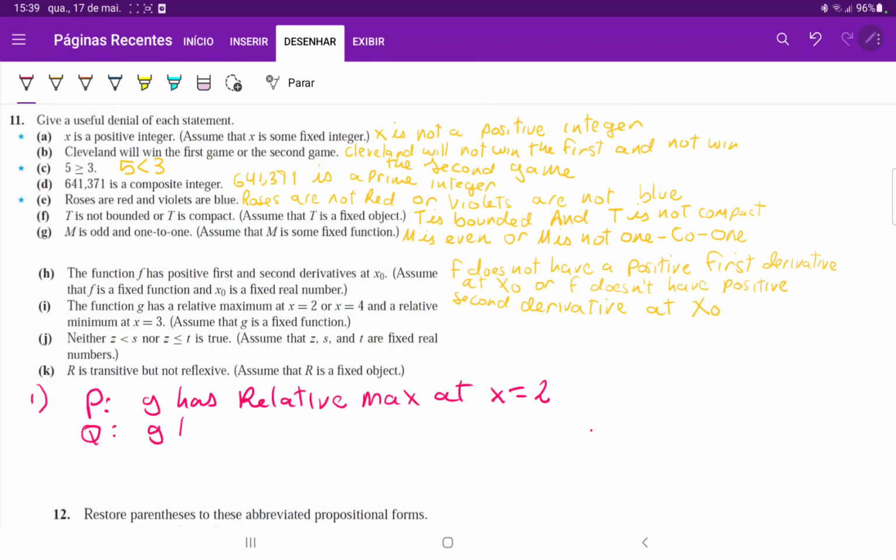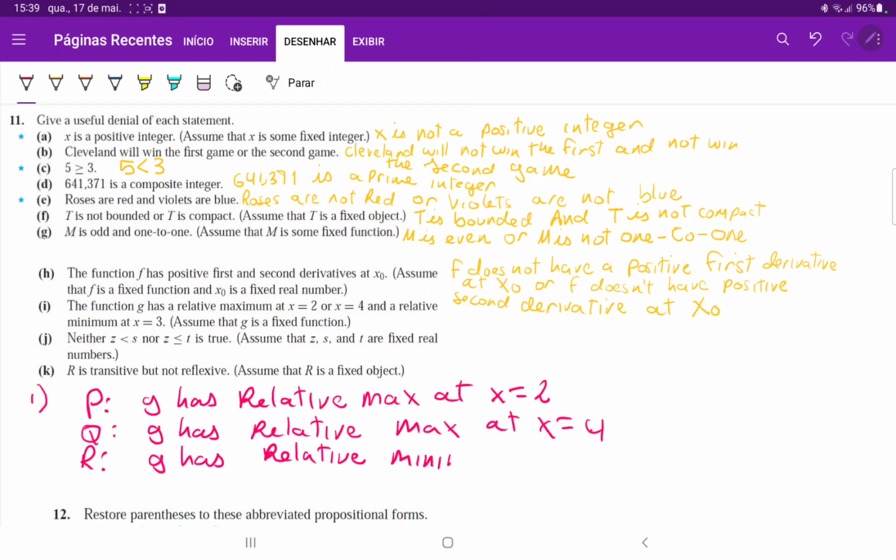Q is G has relative max at x equals 4. And then we have R: G has relative minimum at x equals 3.